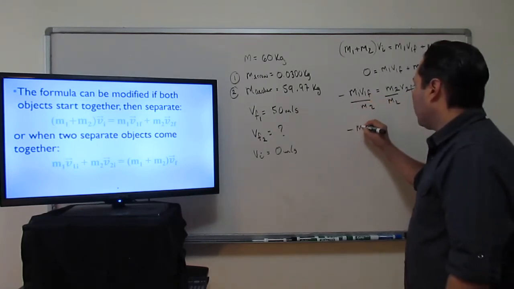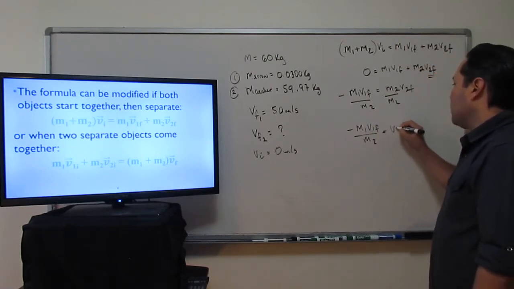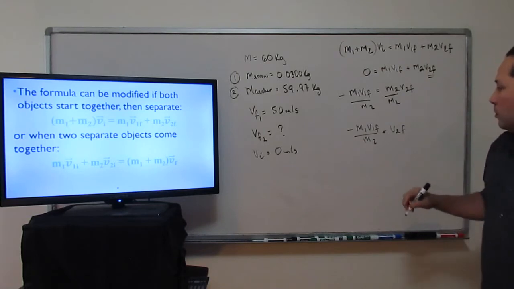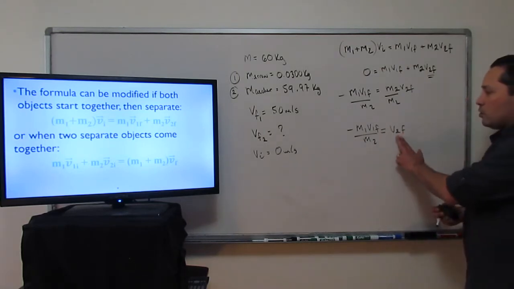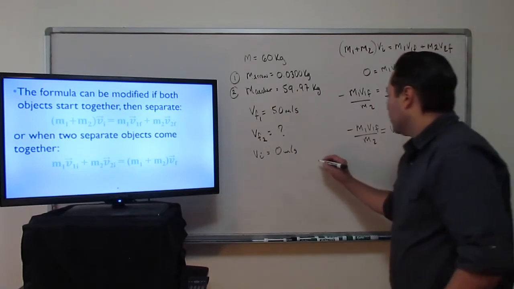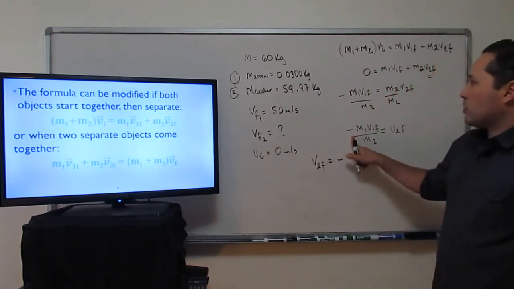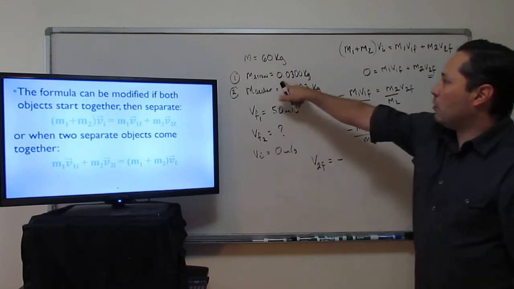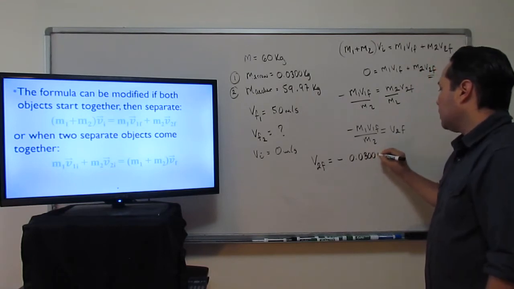So this will be our formula: negative M1 V1 final over M2 equals velocity of object 2 final. Let's plug in the values to solve for that. So V2 final is equal to negative mass. The mass of the arrow was 0.030 kilograms.